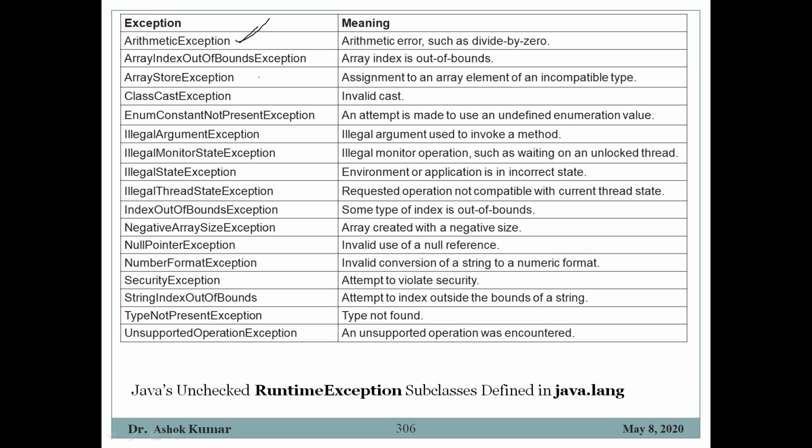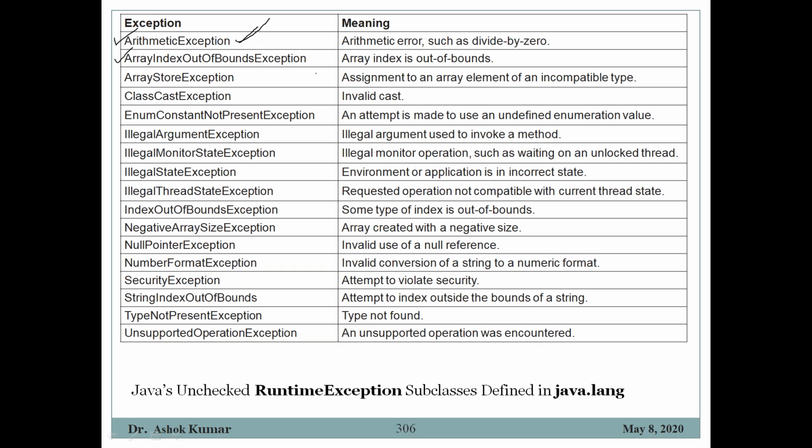If you don't write that code in the try catch block, Java will not complain about that. That is the kind of unchecked exception. The list of exceptions is given over here. We just discussed two. In the remaining classes, we'll try to use most of the exceptions that are there.